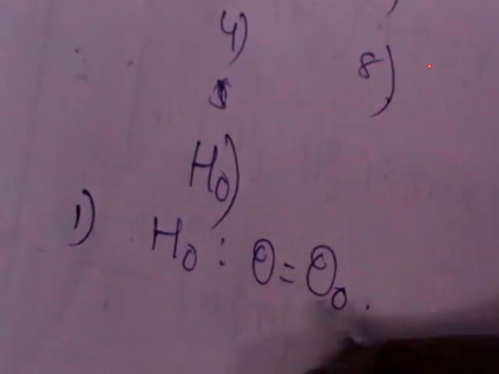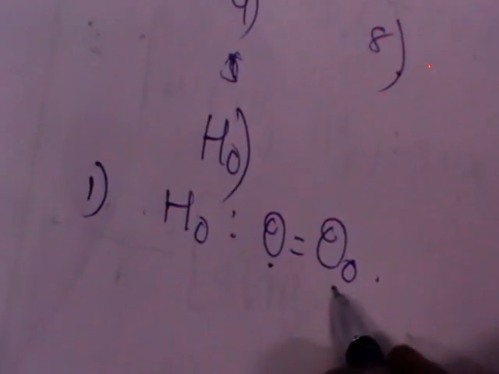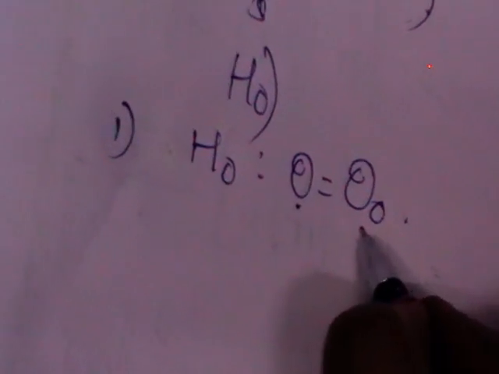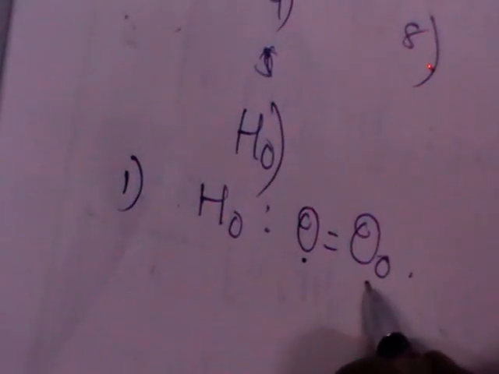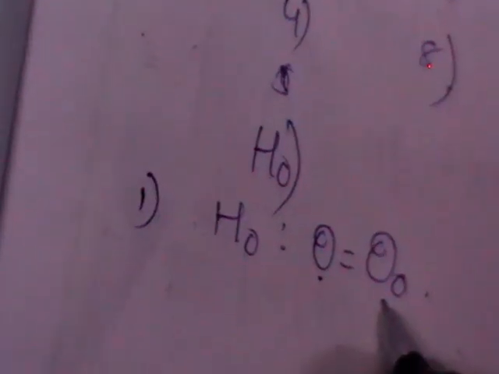So what is the form of the null hypothesis? H0 such that theta is equal to theta naught. If you are estimating theta and you got a value called theta naught, for that we are going to frame it. Now you know that the null hypothesis is a statement which is considered to be true till the decision is done.